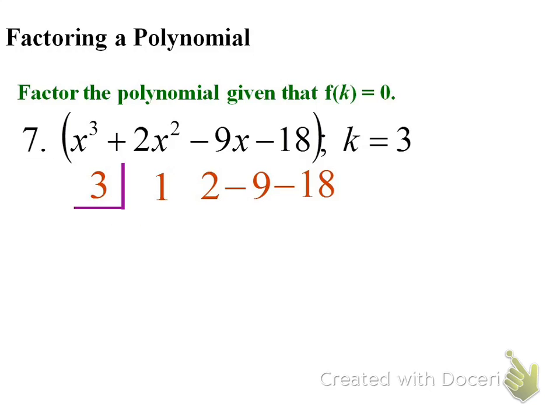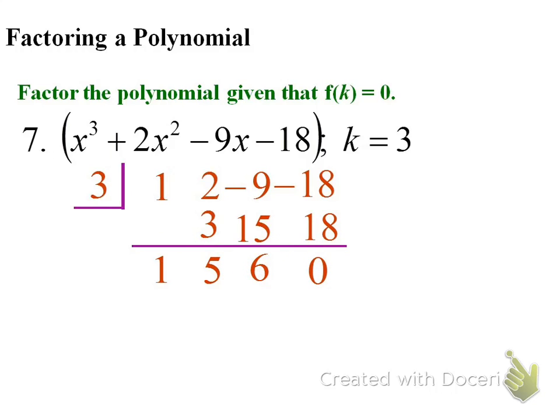All right, so now we just go through the process of synthetic division. So we drop the 1, multiply by the 3, drop the 5, multiply by the 3, drop the 6, multiply by the 3, and we should get a 0 here, which makes sense because they told us when we plug the 3 in, we should be getting a 0.